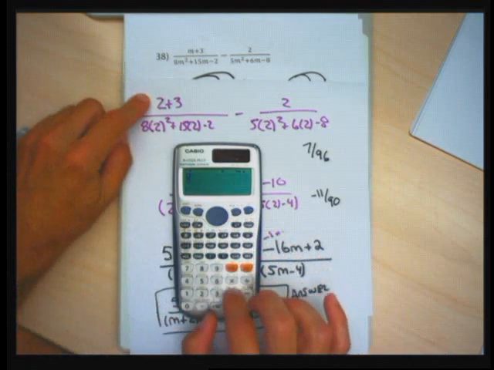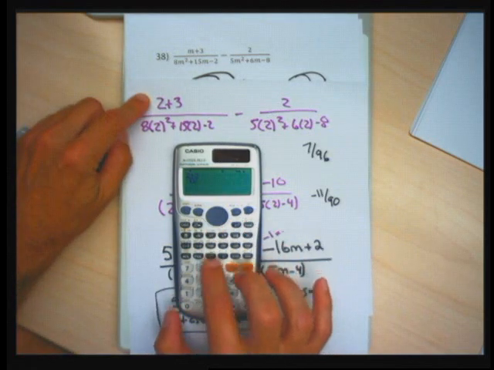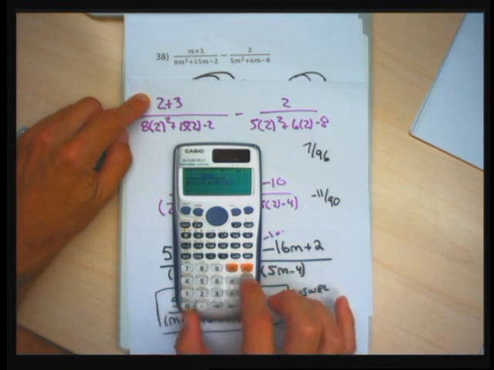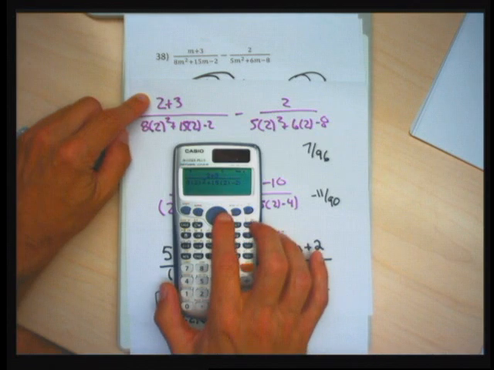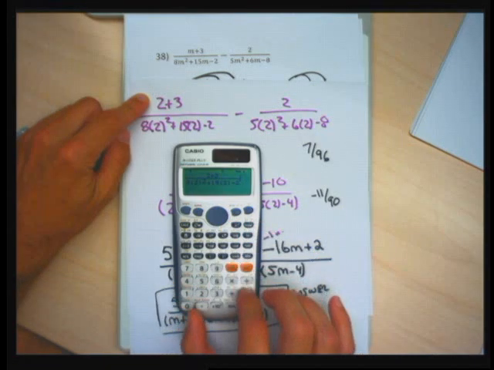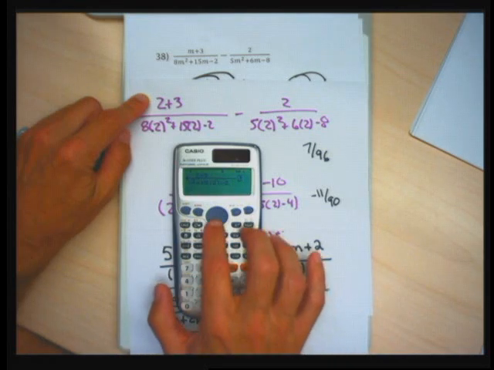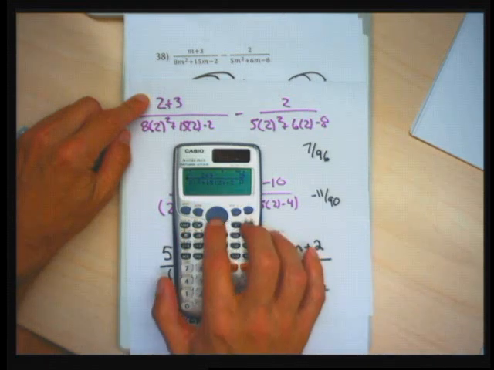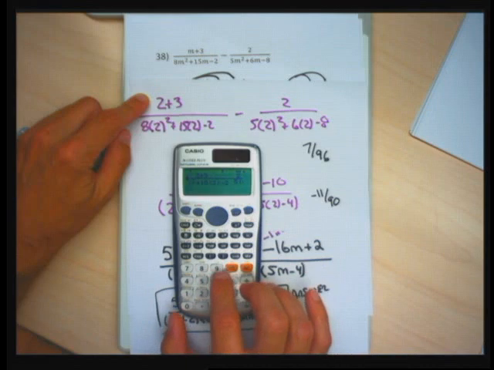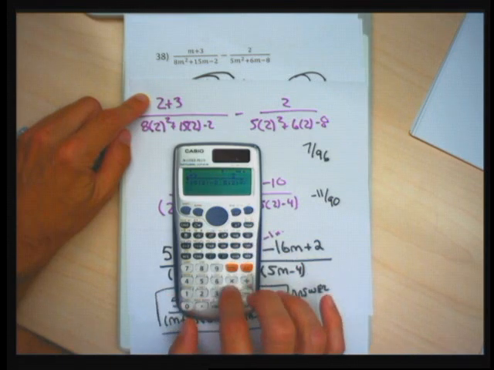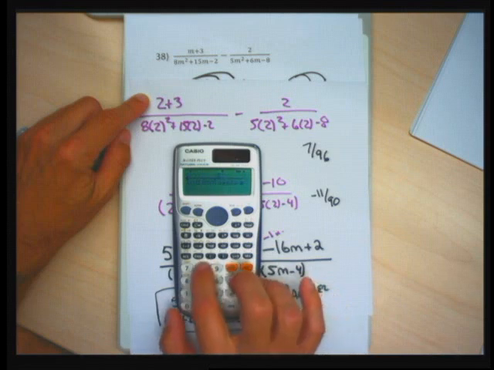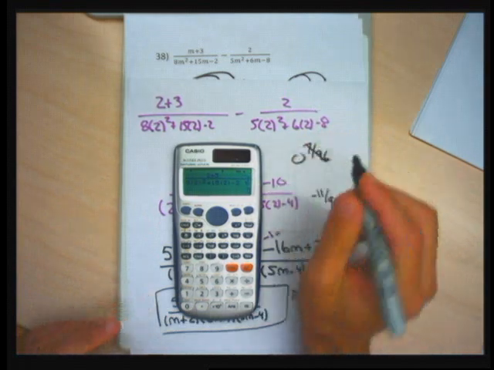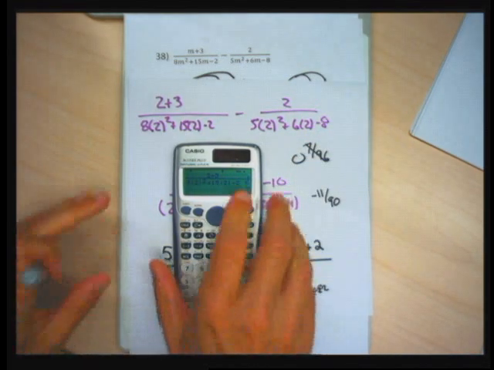Fraction 2 plus 3 over 8 times 2 squared plus 15 times 2 minus 2. That looks perfect. Minus fraction 2 over 5 times 2 squared plus 6 times 2 minus 8. Really? I feel so bad about this. I get 0 twice, so it must be 0.